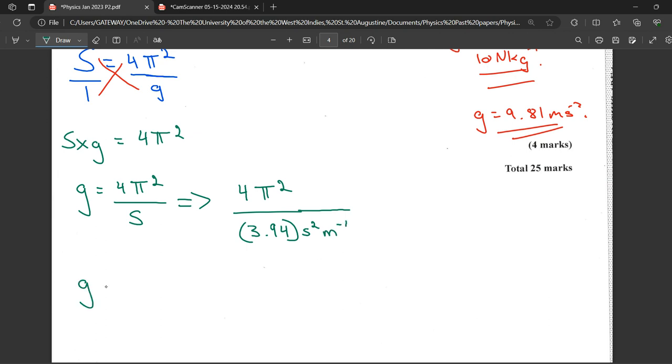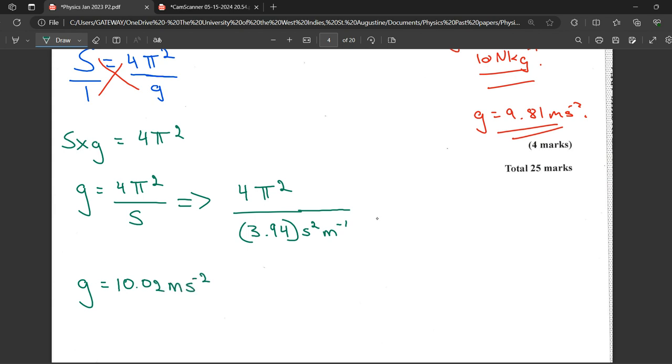So g is equal, when you type this in the calculator, 4 pi squared divided by 3.94, I get 10.02, right? Meters per second squared.